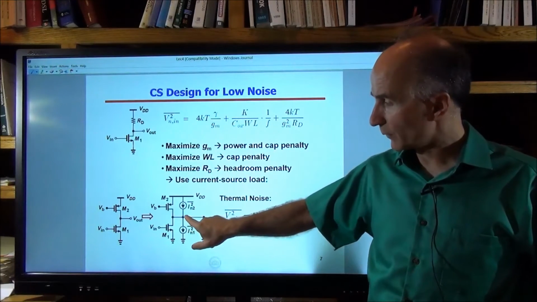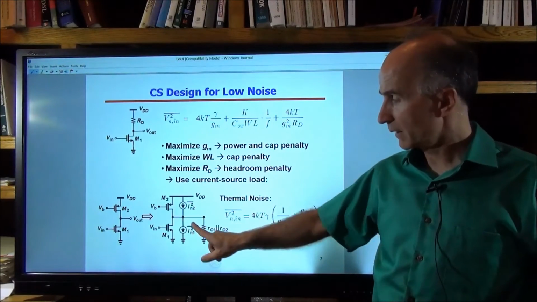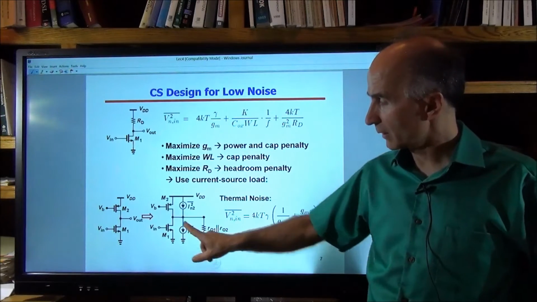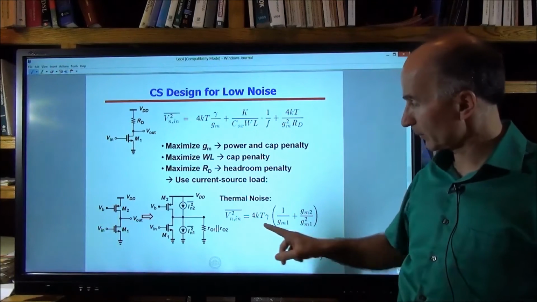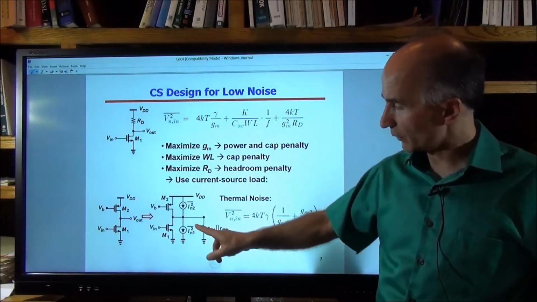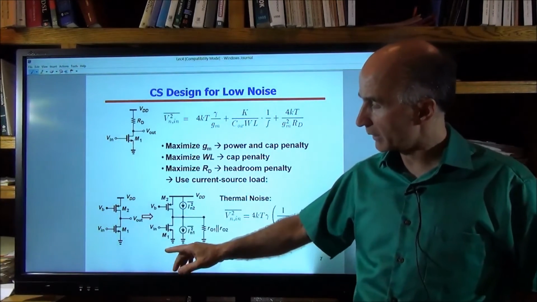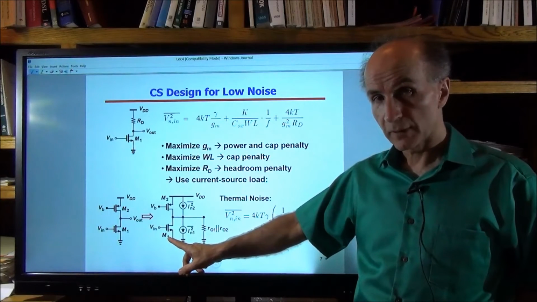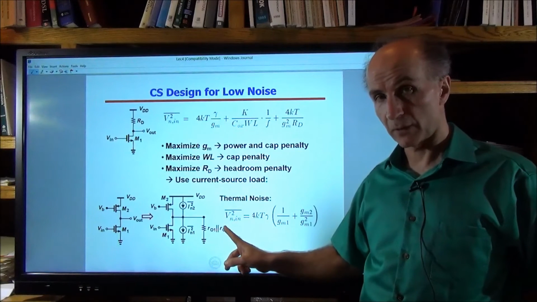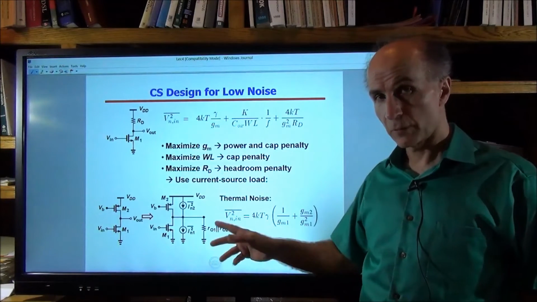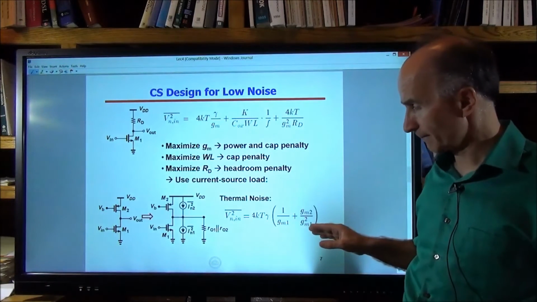Both of these have to flow through an impedance here, which is the parallel combination of these output resistances. So we end up with a certain amount of noise, and then we have to divide that by the gain squared. The gain is gm1 times ro1 in parallel with ro2.